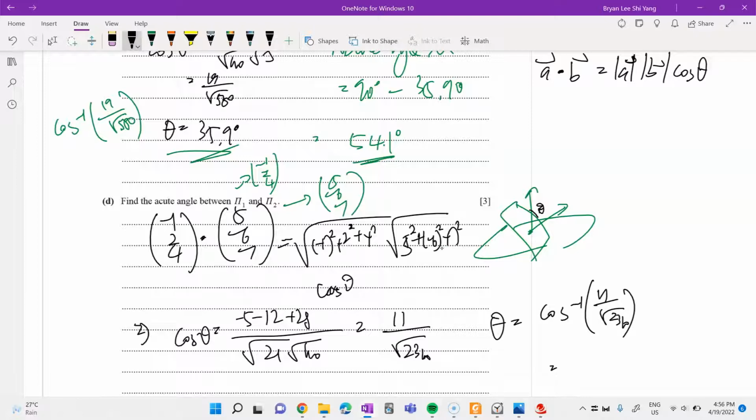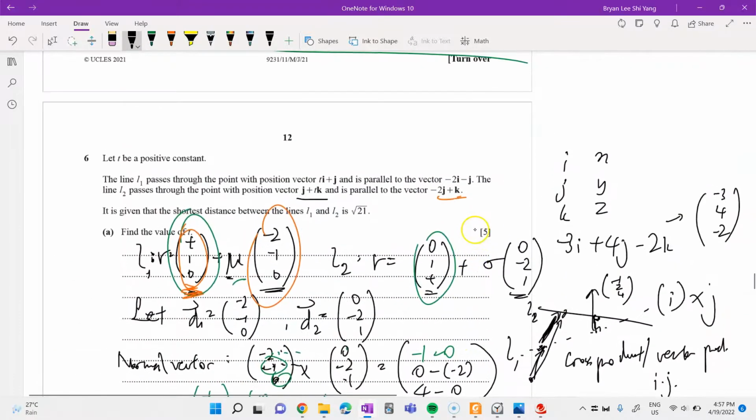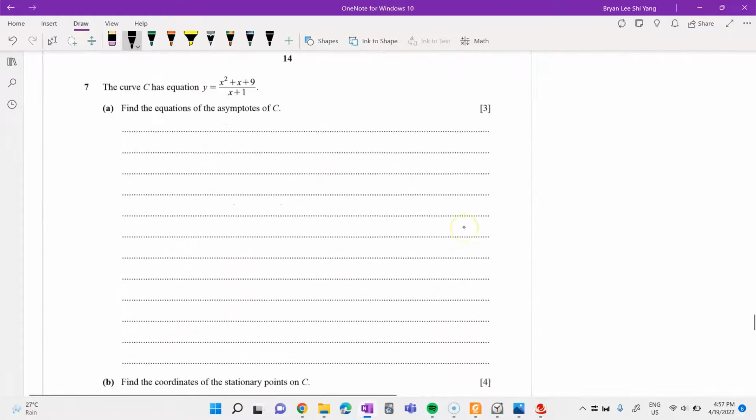Cosine inverse of 11 divided by the square root of 2310 equals 76.76995 something degrees, which is 76.8 degrees. So this would be your answer to this lengthy vector question.